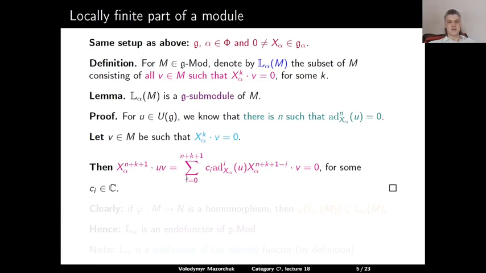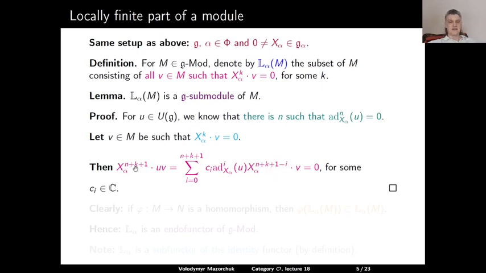we can move x alpha past u using the adjoint action and rewrite this as a sum over all i, some complex coefficient c_i, which should be some kind of binomial coefficient, times the ith power of the adjoint action of x alpha applied to u, and then x alpha to the power n plus k plus 1 minus i applied to v.